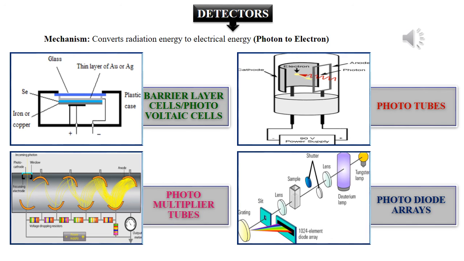Where we use grating monochromators, in photomultiplier tubes we use dynodes. These are the functions of detectors, the instruments in which you can find them, and the mechanism we have now discussed.